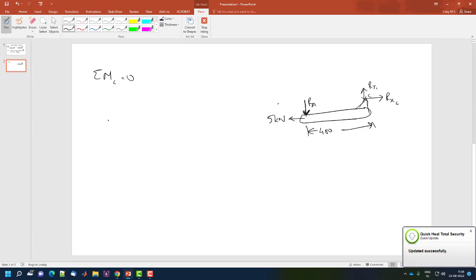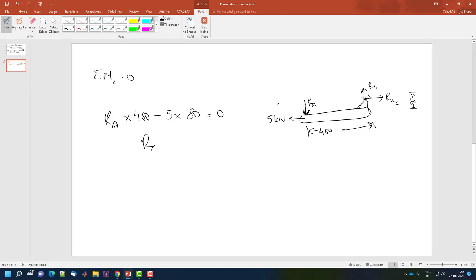So how do I write it? I'm considering anti-clockwise to be positive. So RA into 400 minus 5 into 80 is equal to 0. So RA becomes 1 kilonewton.